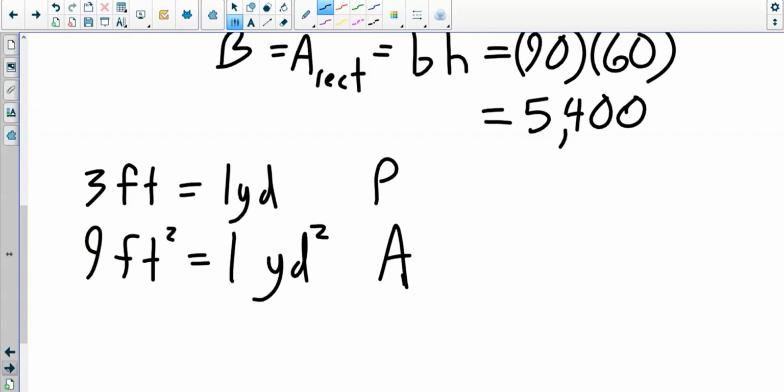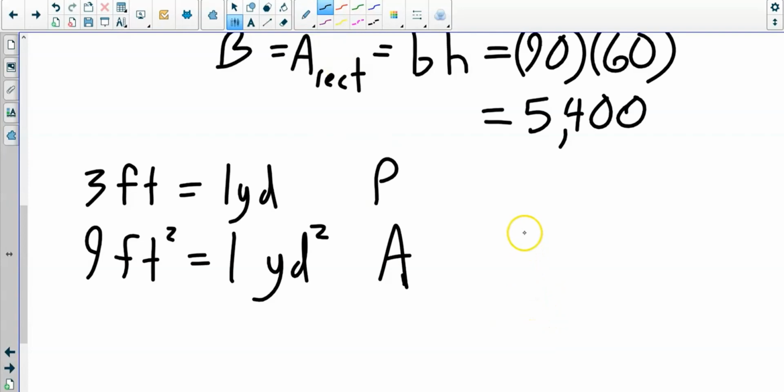Is there any way that I could take 3 and convert it into a 9? Any way that I can take 1 and convert it back to a 1? Think about the labels. Those labels are squared. And if you look at it, there's a relationship between perimeter and area.